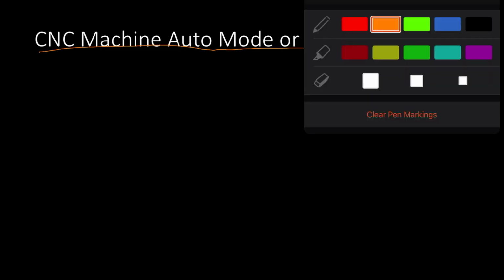Okay, so those are the basic different types of modes of the CNC machine. Let me write the key points about the auto mode, or automatic mode, here. First, it is the default mode of operation.